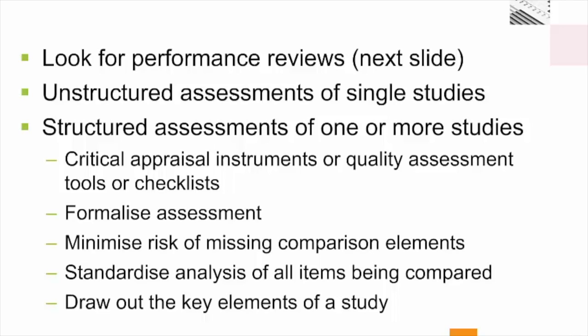So somebody else may have already carried out a performance assessment of the filters that are available. So one of the first things I suggest is that when we're looking for a search filter, we look at the performance reviews. And we'll go and look at the performance reviews in the next slide.